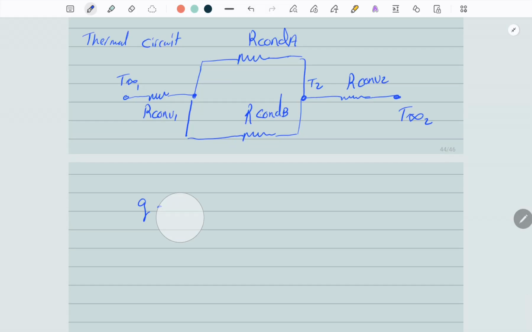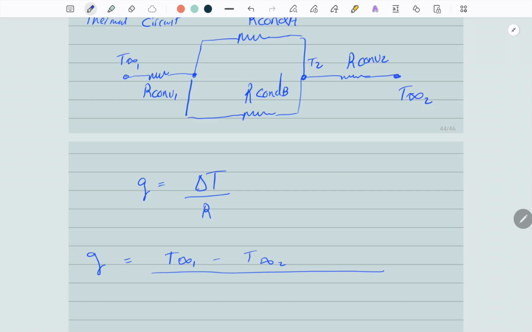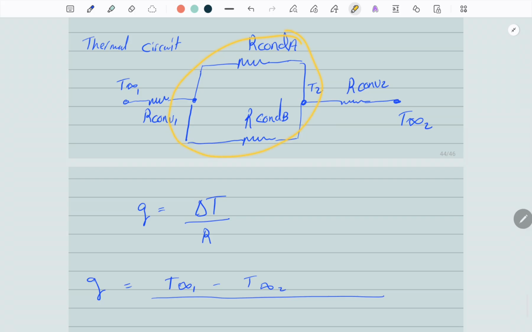Q equals change in temperature divided by total resistance. Change in temperature is T infinity 1 minus T infinity 2. The total resistance, in this case, is a parallel circuit and two resistances in series, so it's a series and parallel system.